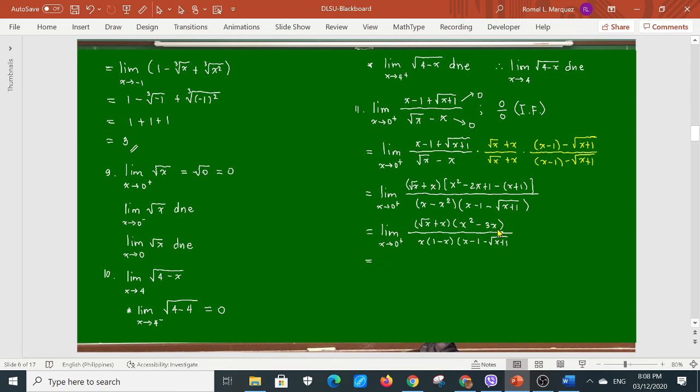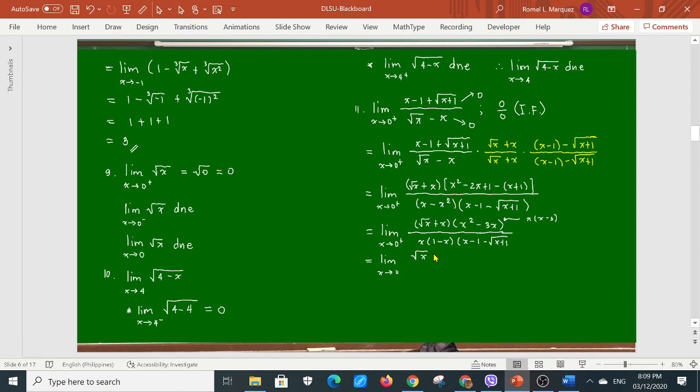Meron pa pwedeng makancel, di ba? Kasi 0 over 0 pa rin yan. O, ano ang pwede nating cancel in here? Yung x, di ba? Pag pinactor out yung x dito, anong lalabas? That is x minus 3. Is that correct, guys? Yes po. O, di-cancel na yung isang x. So, anong matitira?